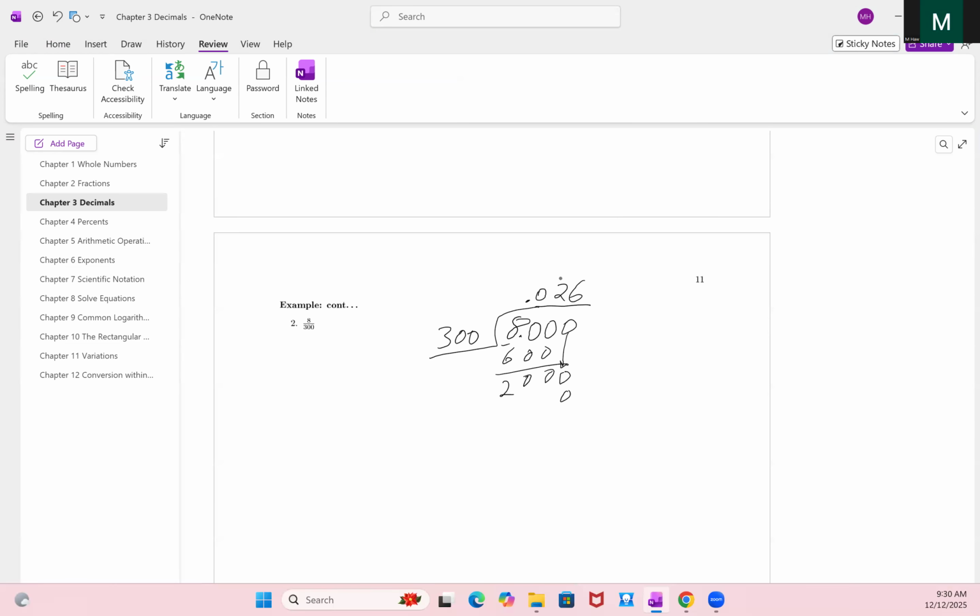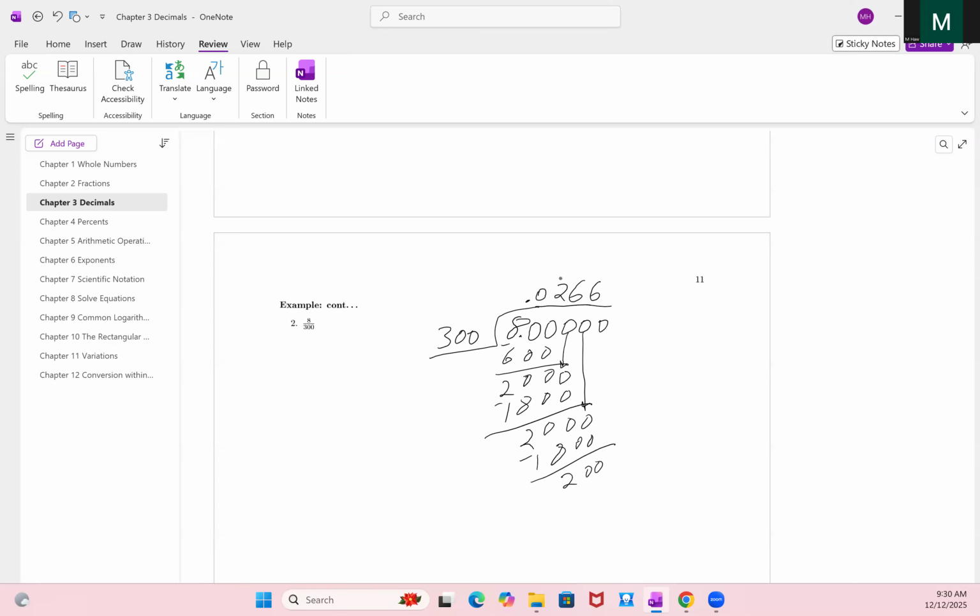6 times 0 is 0, 0. 6 times 3 is 18. Subtract. So we have the 0, 0. Borrow 1, 10 minus 8 is 2. 200. Put another 0 here. Bring it down. Again, 6 times 300 is 1800. Subtract. 200 is a remainder.